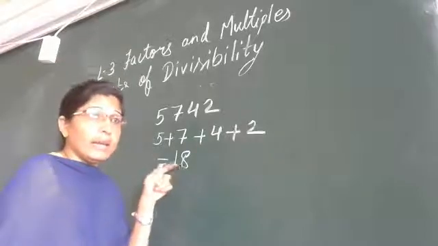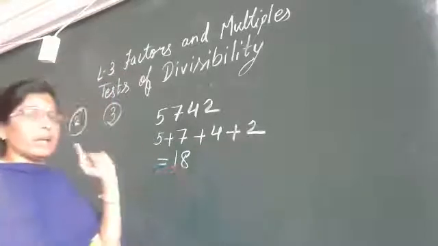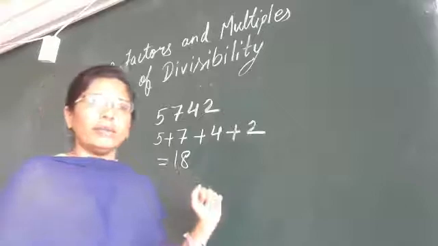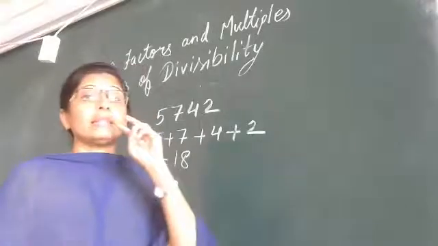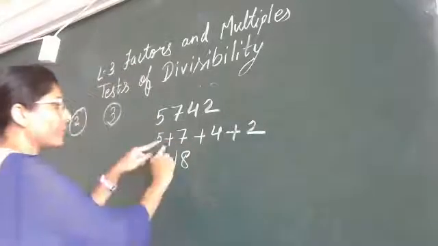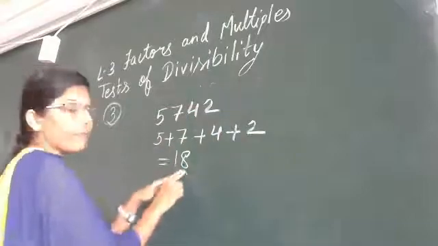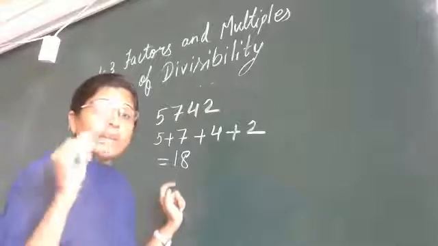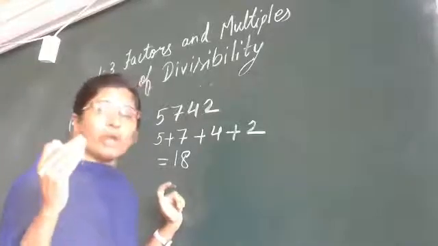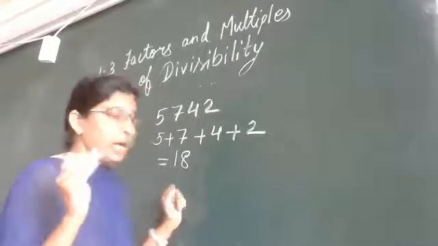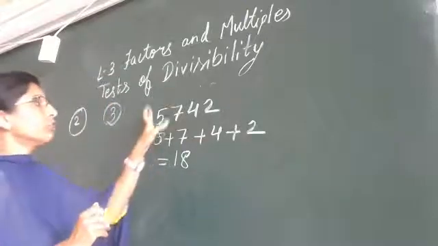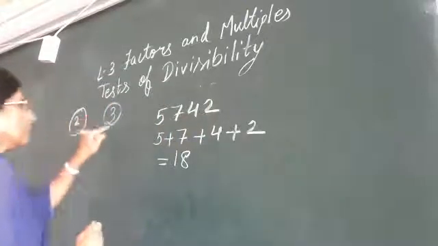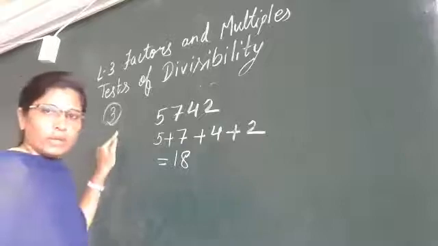Now tell me, will 18 come in the 3 table? Yes. That means after adding the digits, whatever answer you get, if it comes in the 3 table, if it is a multiple of 3, that means this full number is divisible by 3.